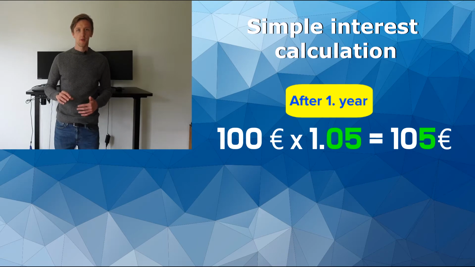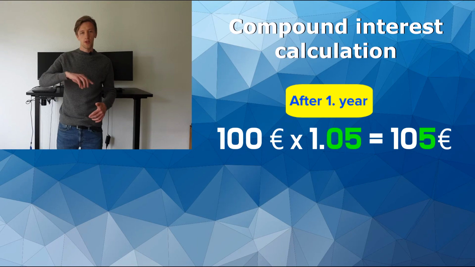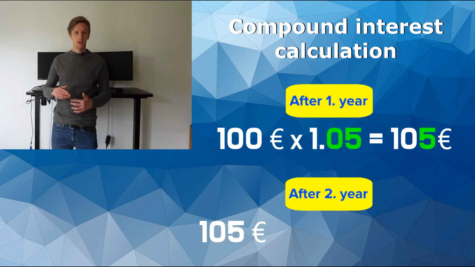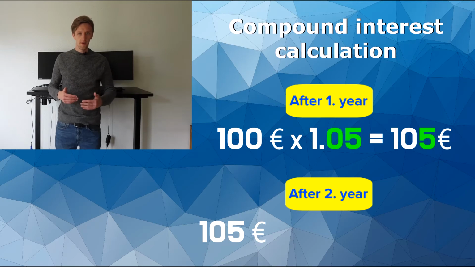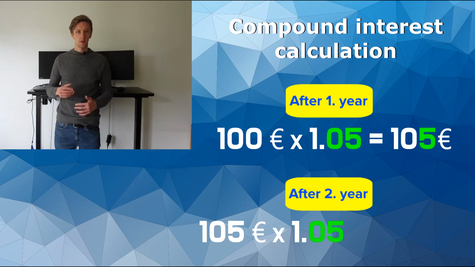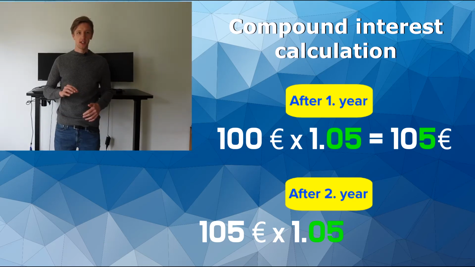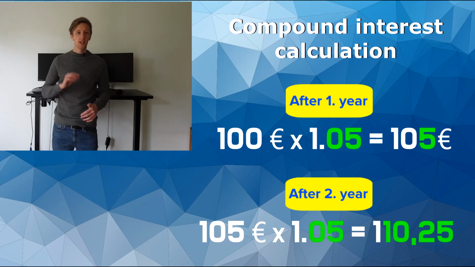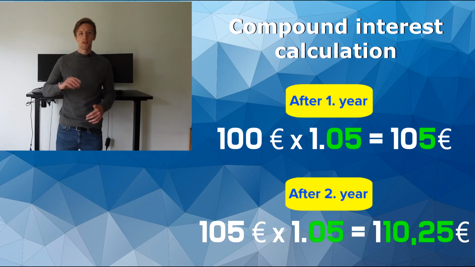However, since we want to let your 100 euros grow, we keep your interest payment of 5 euros and invest it again with the previous 100 euros for a second year. Now we have to take your 105 euros times 1.05 and come up with a number that is not 110 but 110.25.